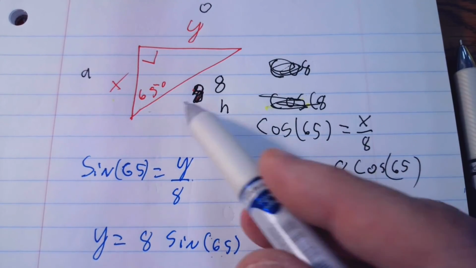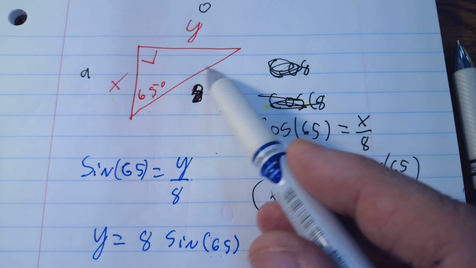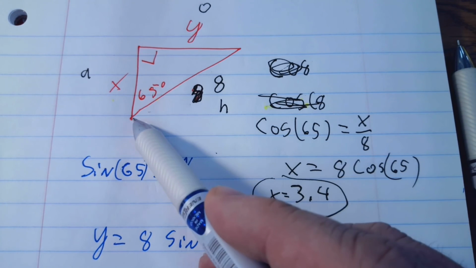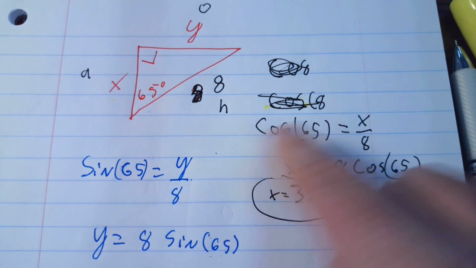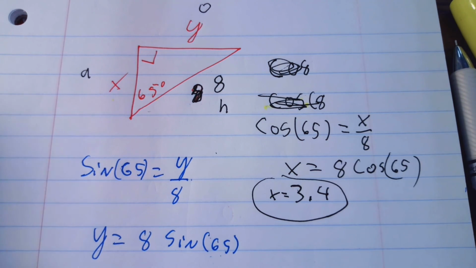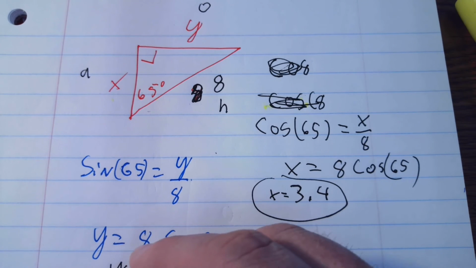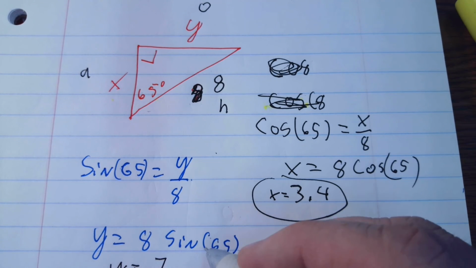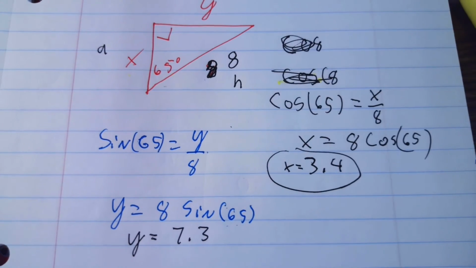Cosine and sine basically switch the angle that it's working with. Okay, that's basically what it's doing, but we just focus here and use the cosine and sine. 8 times sine 65. And what do we get? Y equals 7.3. Is that right? Yes, sir.